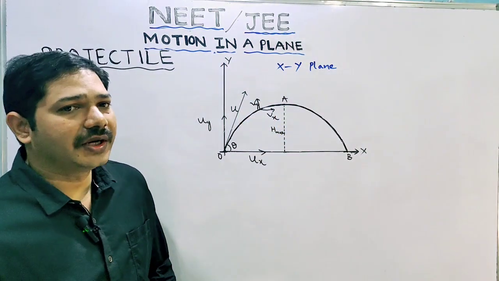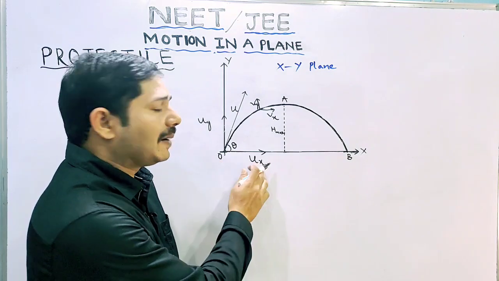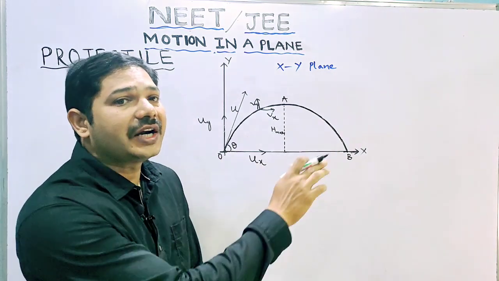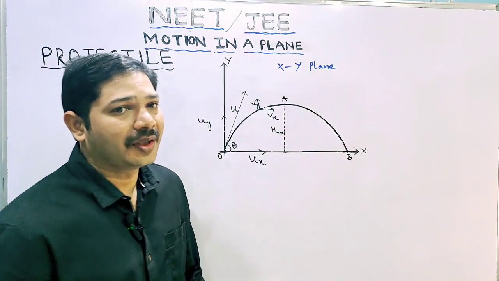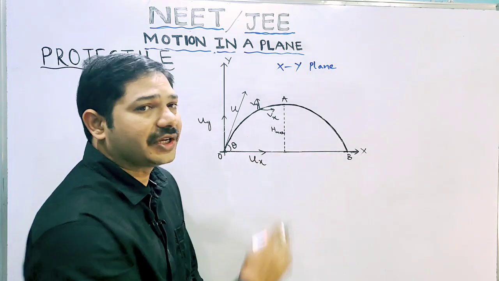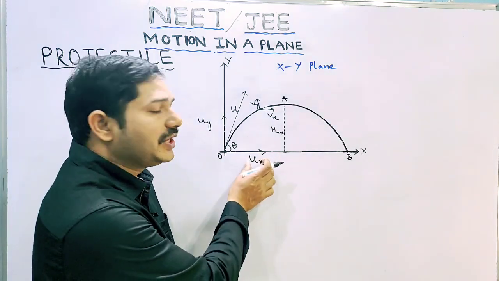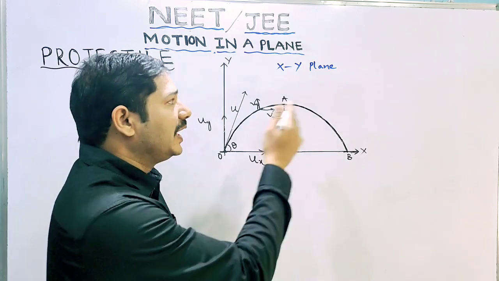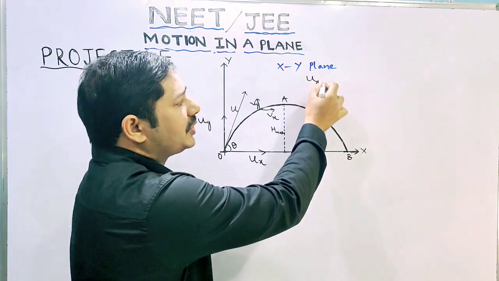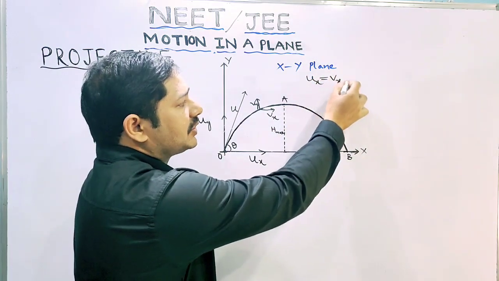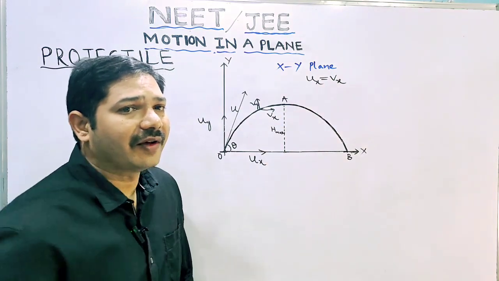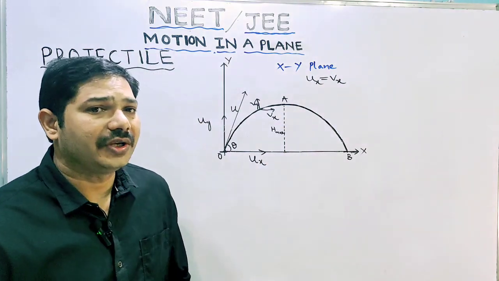We can observe here that the horizontal component of velocity does not change throughout the motion. Whatever the initial velocity ux, till the end of the motion the final velocity vx is equal to ux.